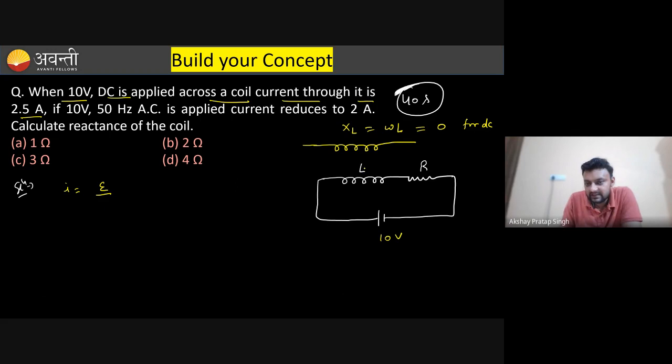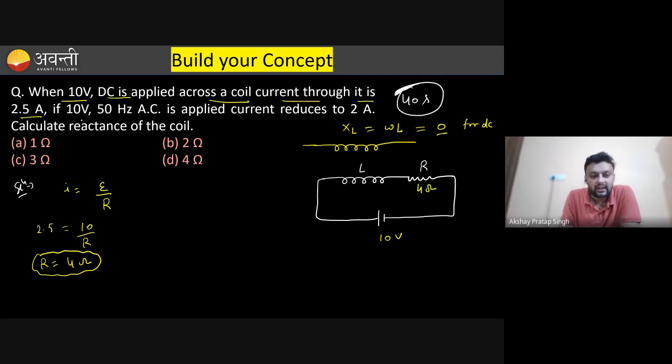The resistance of the inductor part is zero, but the resistor has some resistance R. So I is equal to E by R. The current is given as 2.5 ampere, equal to EMF 10 volt divided by R. So you can calculate the resistance. Resistance is coming out to be 4 ohm. So in this LR circuit, this resistor has a 4 ohm resistance.